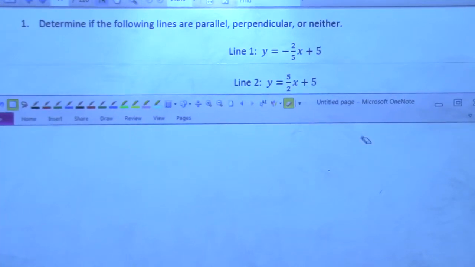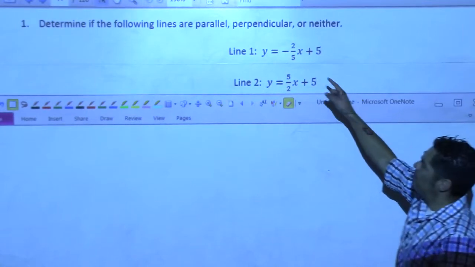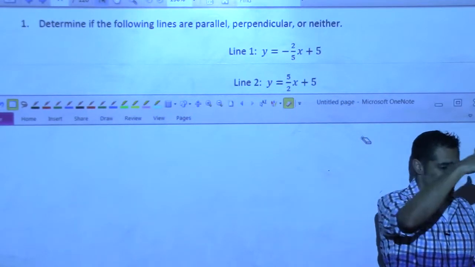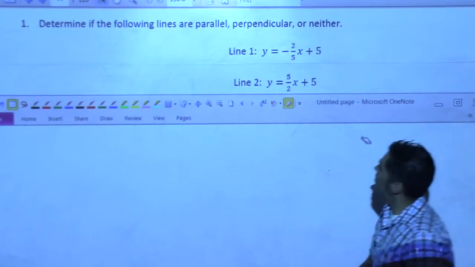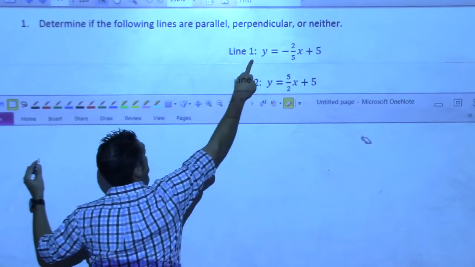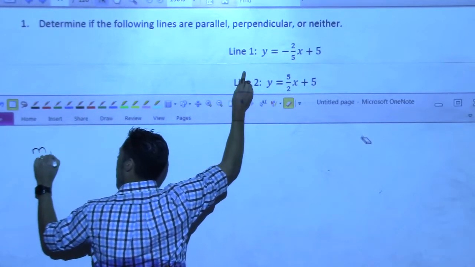Determine if the following lines are parallel, perpendicular, or neither. What do you think for this one? Do we have to do any real work here? No, because these lines are both in the form y equals mx plus b. This is line 1, so let's call it m1. What's the slope of the first line?